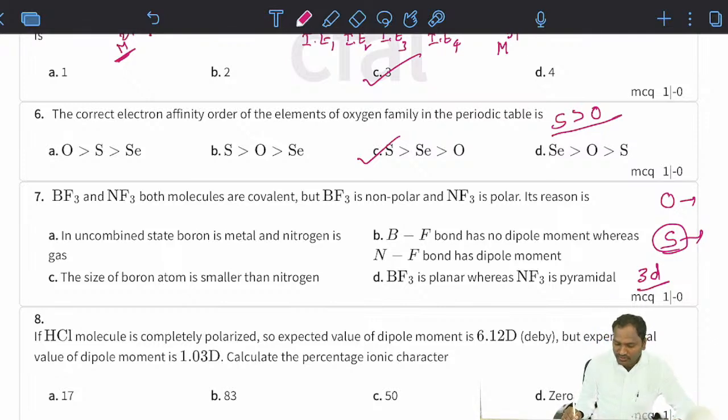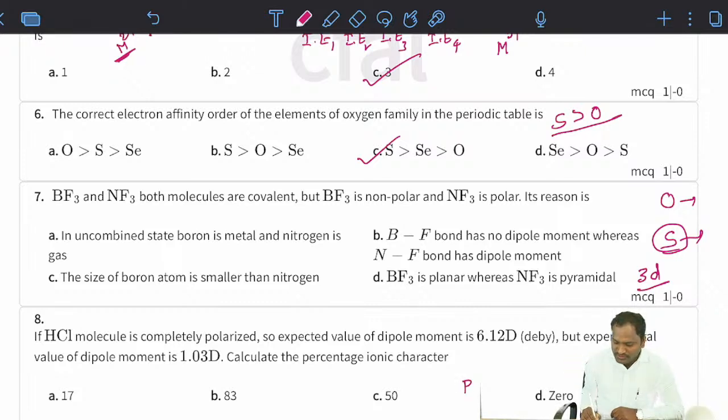So here, polarity and non-polarity depend not only on polar bonds, but on symmetrical structure. If symmetry is there in the structure, the overall dipole moment, overall polarity, will be equal to 0.